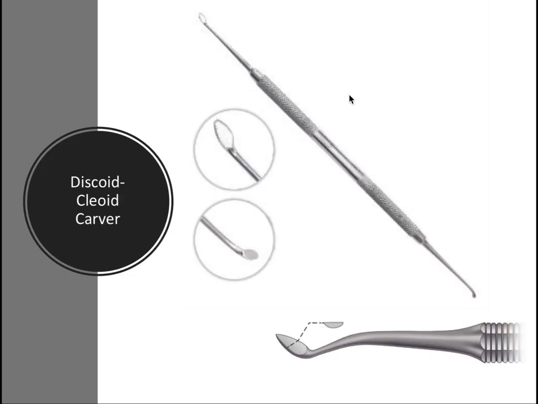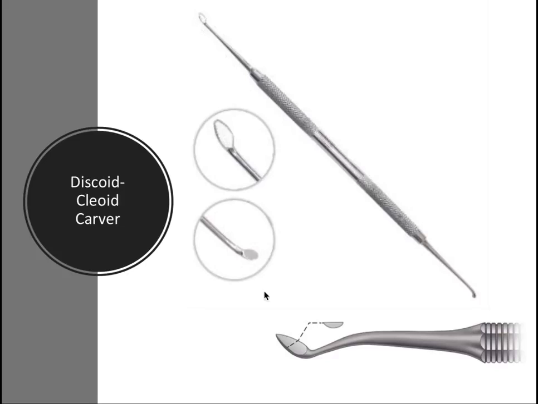All right, next we're moving into our other category. The discoid cleoid is a double-ended, round-handled instrument used for carving and contouring amalgam. So the cleoid end is this claw-like end used for carving grooves into the amalgam.